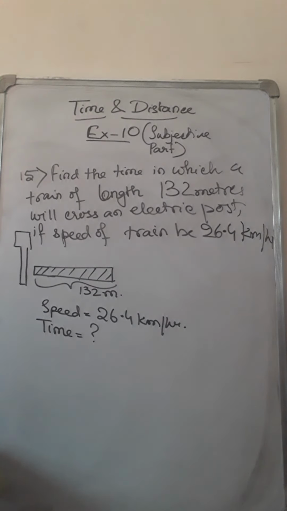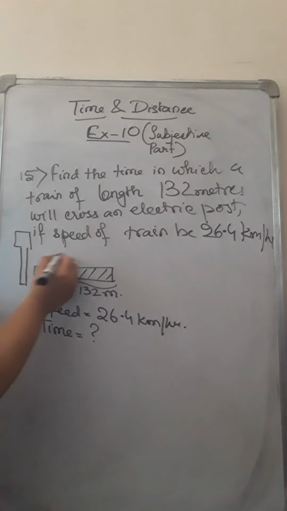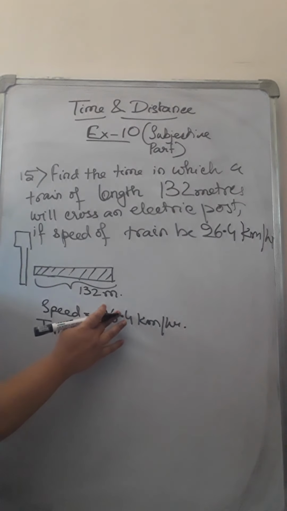Now number 1. Now you need to understand. A train is crossing an electric post. So it's a standing object. So how much distance will be covered to cross the electric post? It is equal to the length of the train. So the length of the train is provided to you, 132 meters.